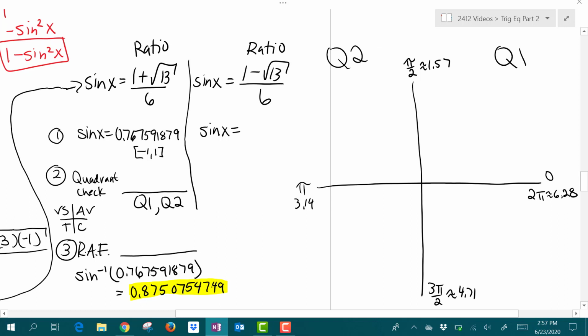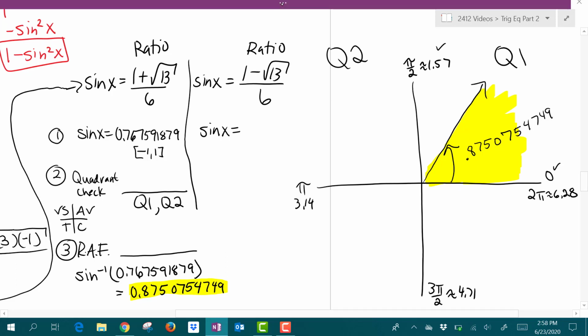And let's graph the angle that the calculator gave us. That will be in quadrant 1 because the angle is between 0 and 1.57. Alright, so it turns out that that is actually our reference angle because that is the distance from the x-axis to the terminal side of that angle.